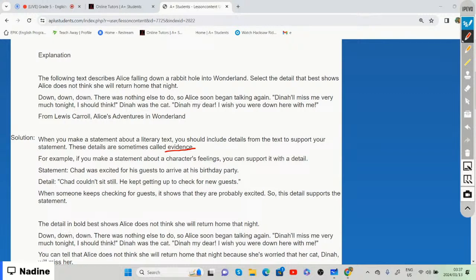So the details to support it means that when someone keeps getting up and checking for guests, then it means that they are probably excited, right? So this is basically why, when you're making a statement about a literary text, details need to be supported from the text. It's like evidence.